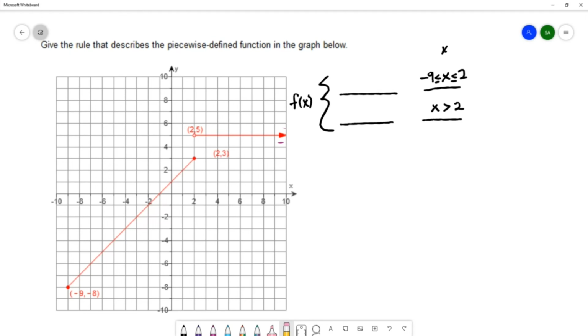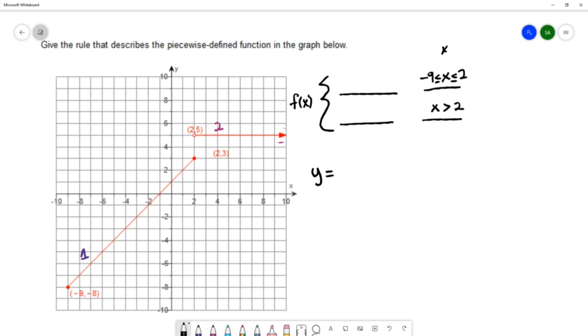And I want to find the equation of the line. So let's start with this one here. I'll call this equation 1 and this one equation 2. Now we have multiple strategies for finding the equation of the line. So I'll show you two different strategies. So with the first equation, we know that it's a linear equation.